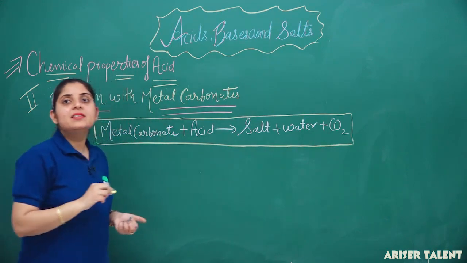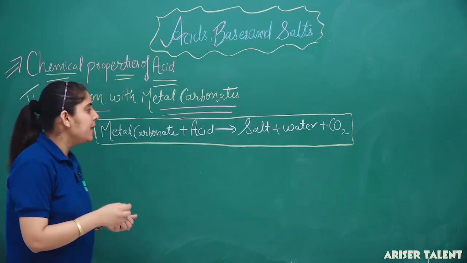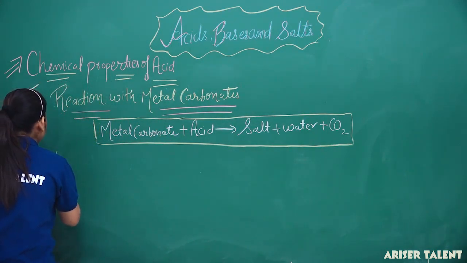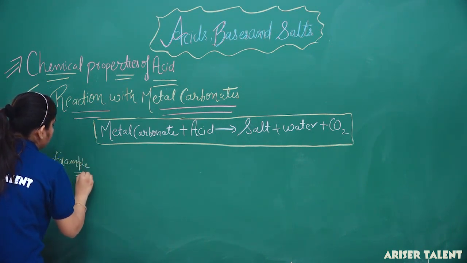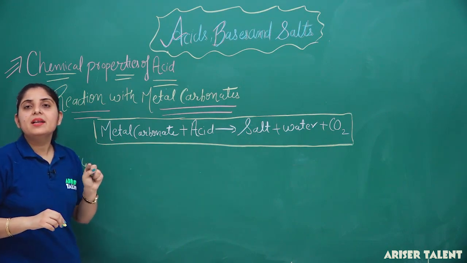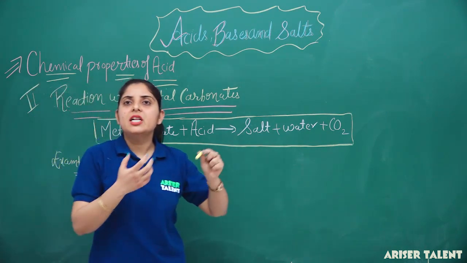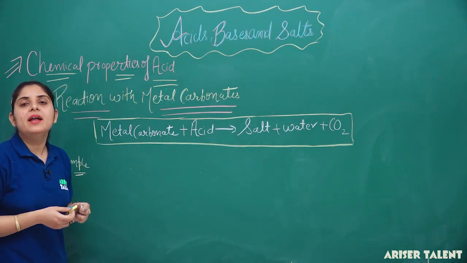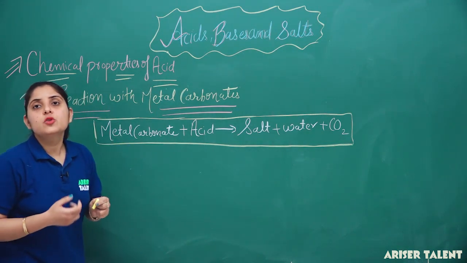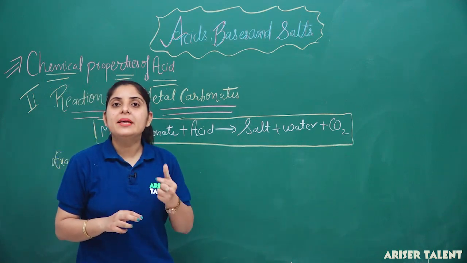Now we will understand this with the help of an example here. I am taking a metal carbonate, it may be calcium carbonate or it may be sodium hydrogen carbonate, that is basically known as sodium bicarbonate, known as baking soda.